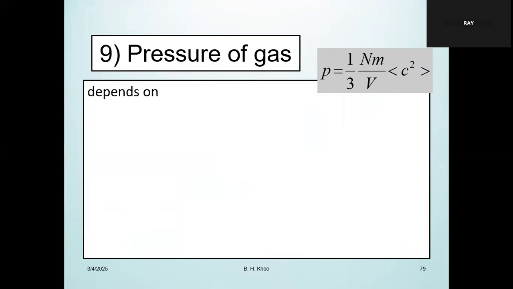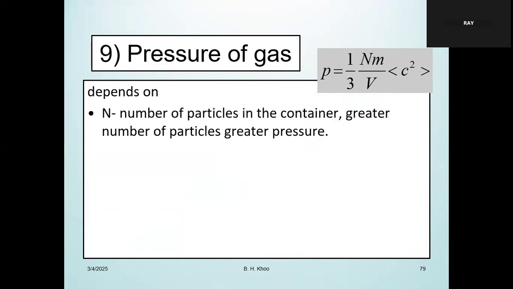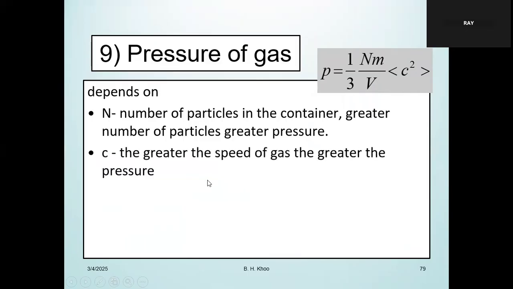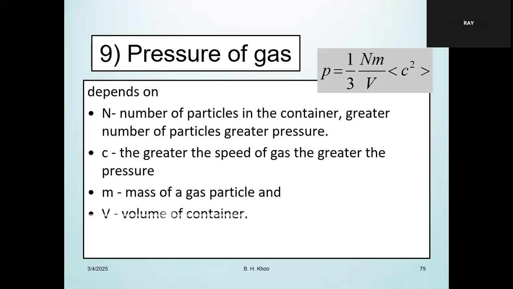From this formula, we can see that pressure depends on N, the number of particles in a container. Greater number of particles, greater pressure. C, the greater the speed of the gas, the greater the pressure. Mass of gas particle, the greater the mass, the greater the pressure.